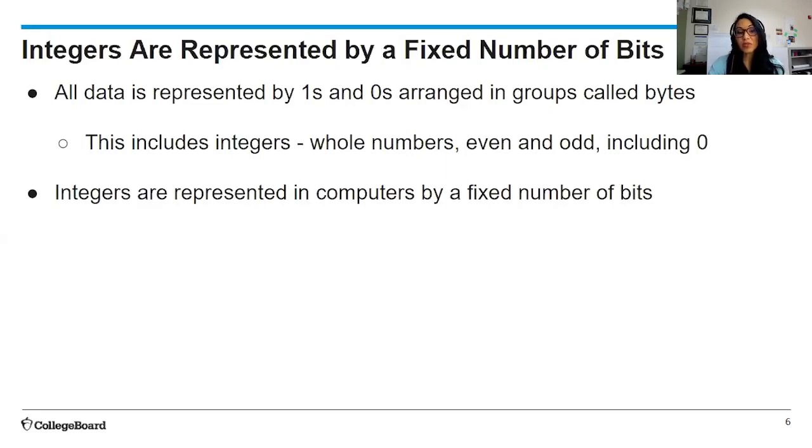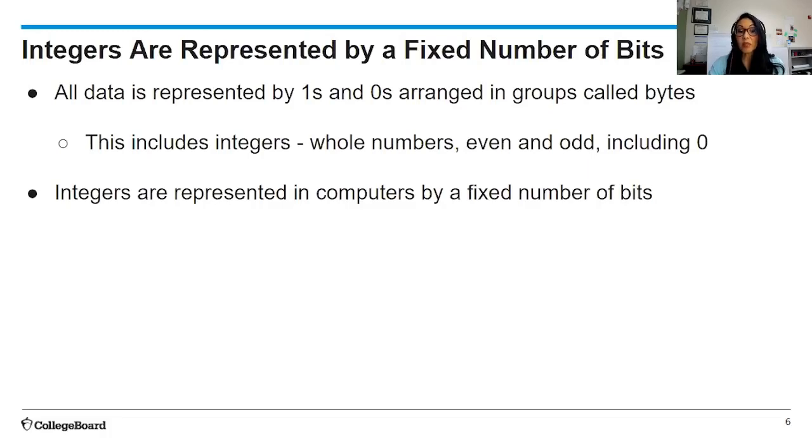The commonly used bit lengths for integers are 8-bit, 16-bit, 32-bit, or even 64-bit. Depending on how many bits your computer or your program is using will determine how many different values of integers your computer can store in its memory.